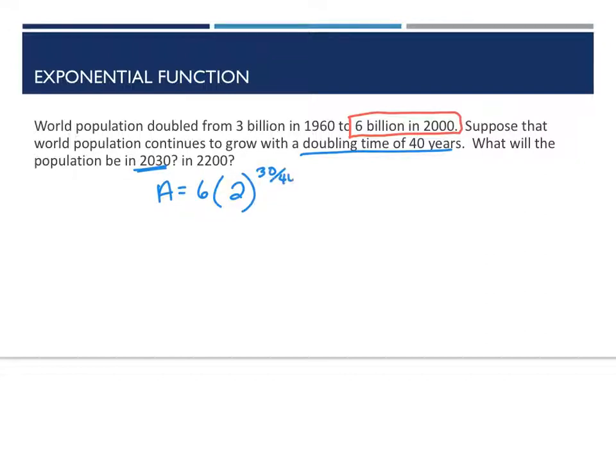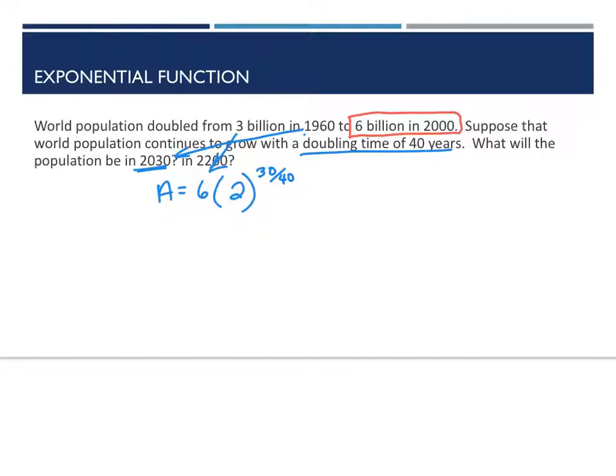Now the advantage to that should be obvious now. If I had used 3 billion, I would have to figure out the difference between 1960 and 2030. I'd have to do some more scratch work off to the side. Nothing wrong with that. Should actually give you the same answer as long as you don't round stuff off.